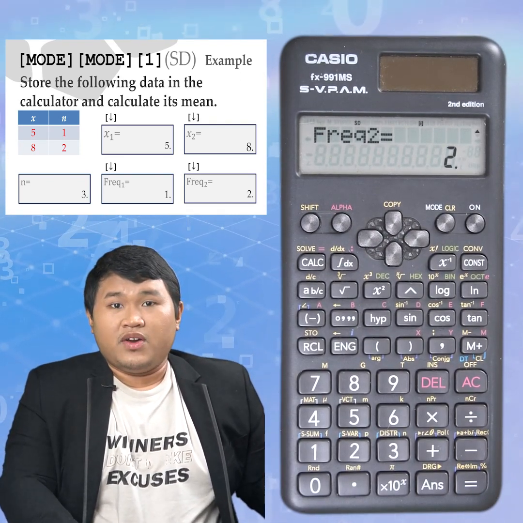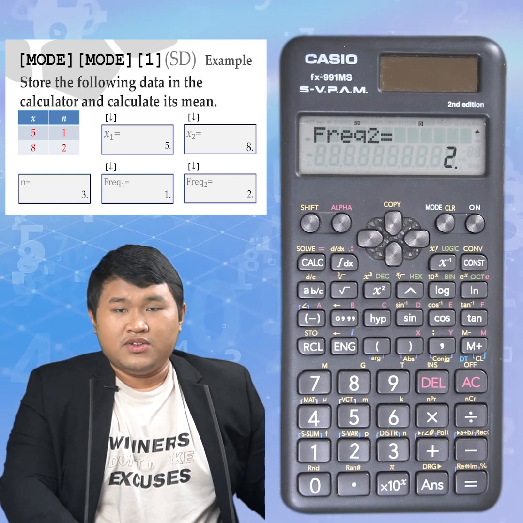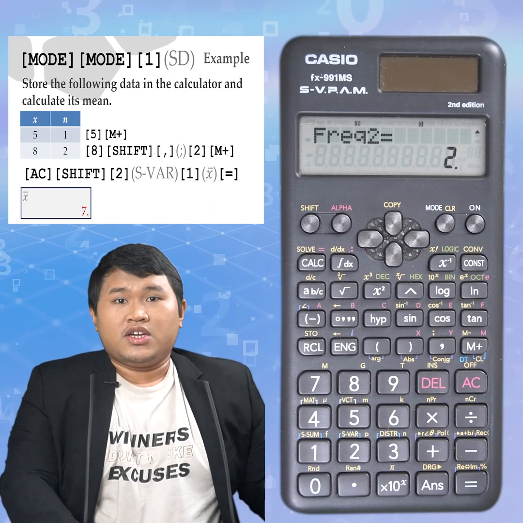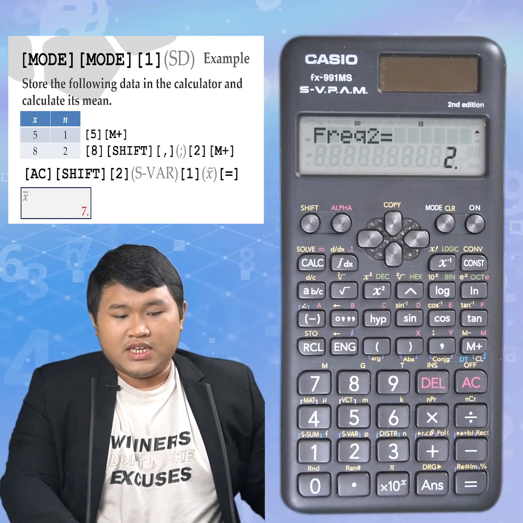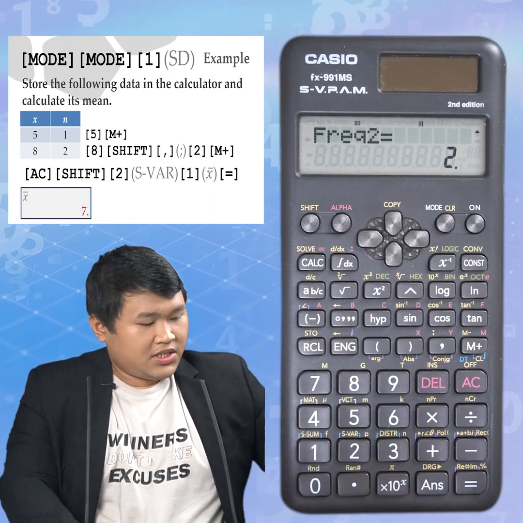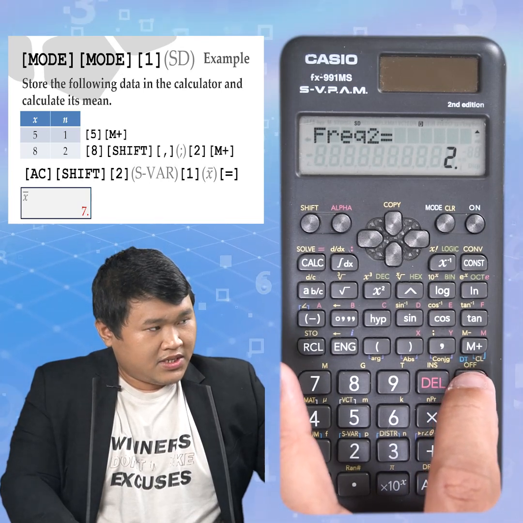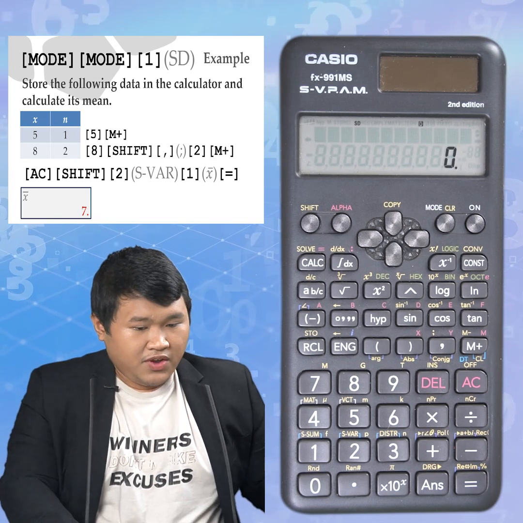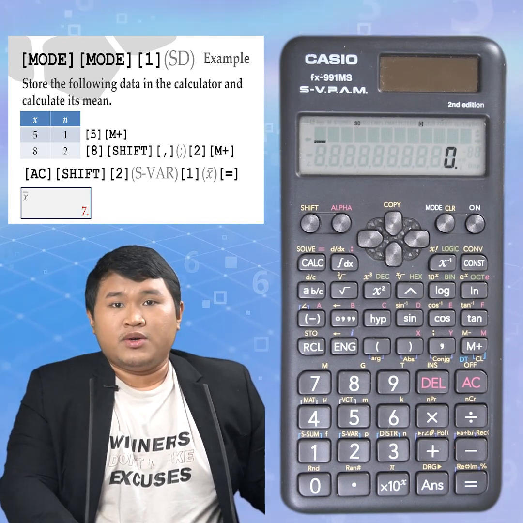Now that we have entered the data values and recalled them in the calculator, let us calculate the mean of this data set. First, let's clear the screen by pressing AC. To access the mean, we press Shift 2 to access the single variable options.